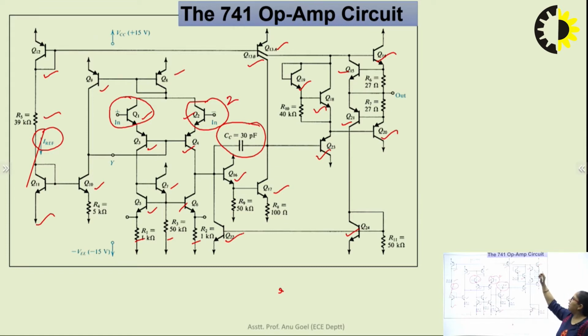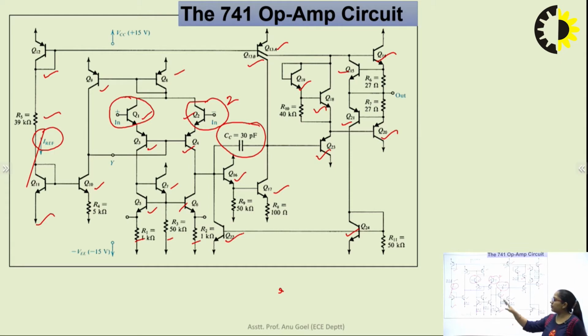For example, if the current across transistor number 14 exceeds a particular value due to some short circuiting condition, then transistor number 15 will turn on and will steal the excess base current from the base of transistor number 14. So 15, 21, 24 and 22 are called the part of short circuit protection circuitry, but they do not conduct in normal situations and conduct only in the event of any short circuiting situations.